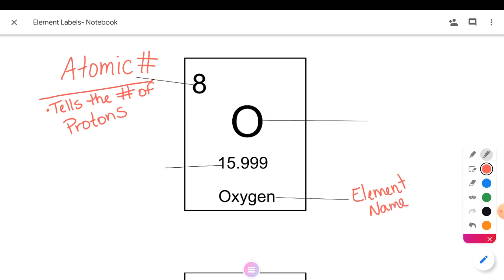Okay, anytime you see the word, it is the element name. What do you think the giant O is? Dane? Okay, and it's not called an abbreviation, but it's called the symbol. Yep, so it's the element symbol.